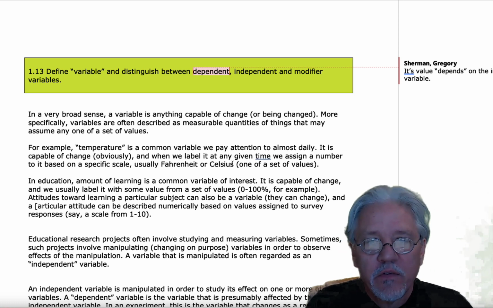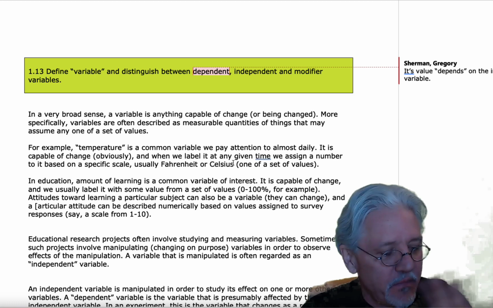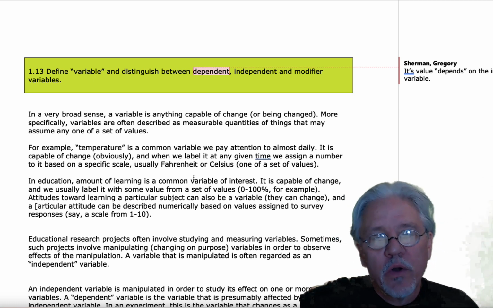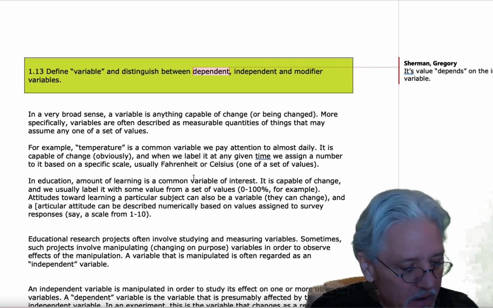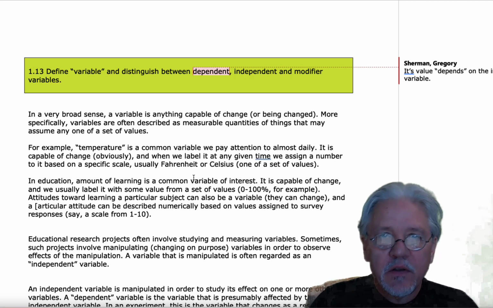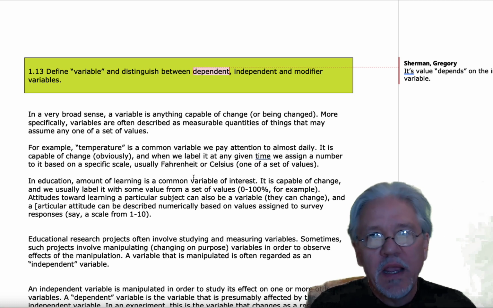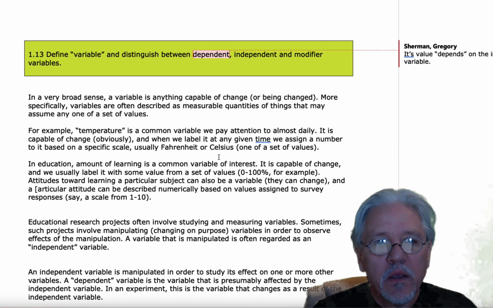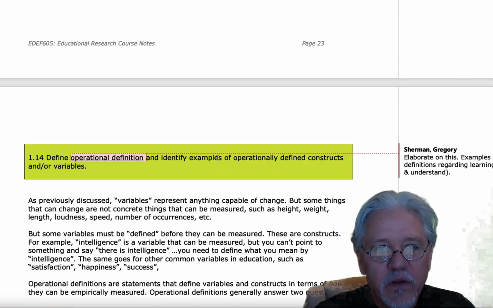So if I were to describe a scenario where I was testing out collaborative learning and I was recording the number of times students exhibited constructive behavior or destructive behavior, those behaviors would be my dependent variable. Hopefully that makes sense to you.